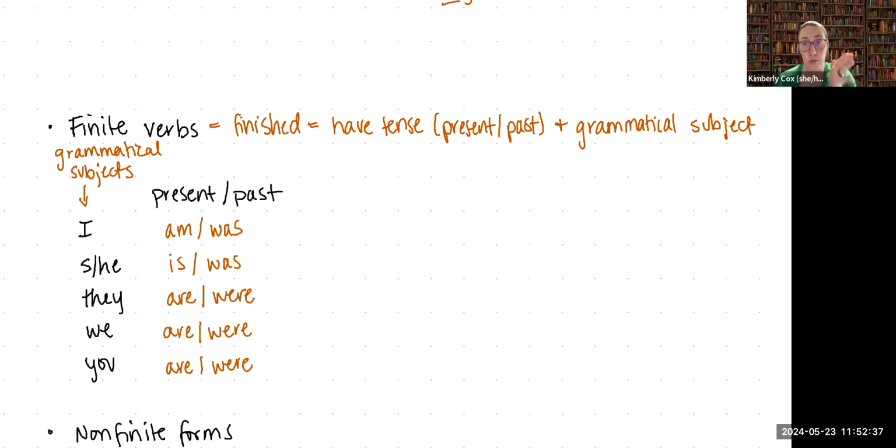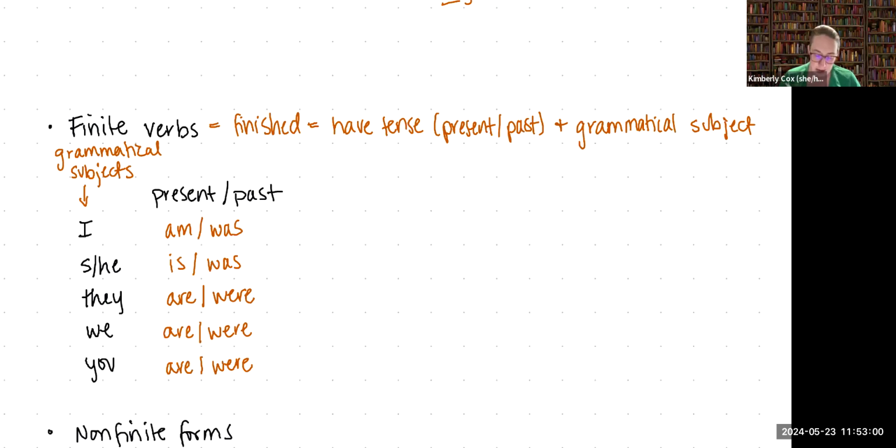The finite verb form would be are or were here, whether we're talking about a singular you or a plural you. So all of these are finite forms of the verb because they have a grammatical subject and they match that subject in terms of tense and conjugation.